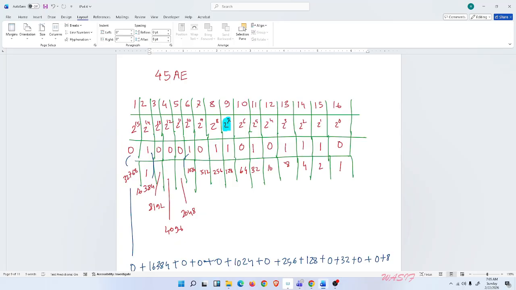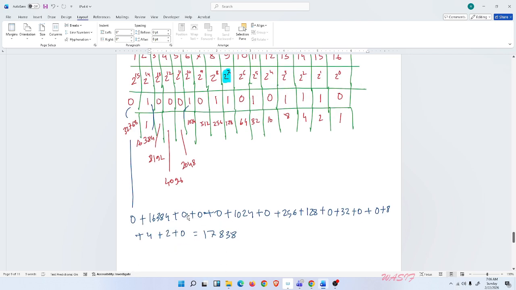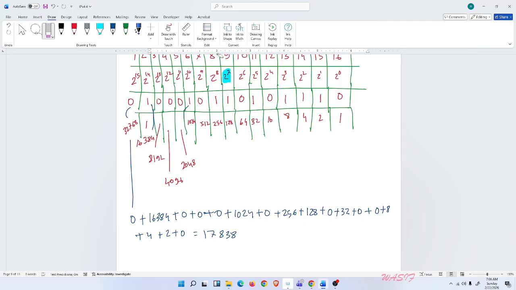So if you look here, 1, 2, 4, 8, 16, 32, 64, 128, 256, 512, 1024, 2048, 4096, 8192. It always gets double, right? So now you put the binaries, do the multiplication with that, and you will get something like this. And if you add all of the 16 values, you will find 17838. So this is another way of doing it.